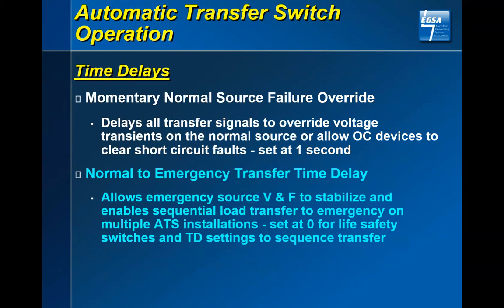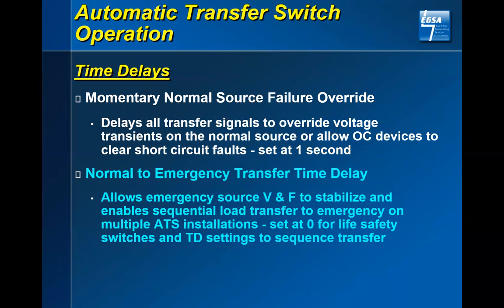A neutral or normal to emergency delay timer allows the emergency source, voltage and frequency to stabilize and enable before you transfer the load. Whenever you transfer a load, if you look at a transfer switch and it's a 600 amp transfer switch load, when you go from one source to another source, it is going to transfer everything, that complete block load, to the source you're transferring to.